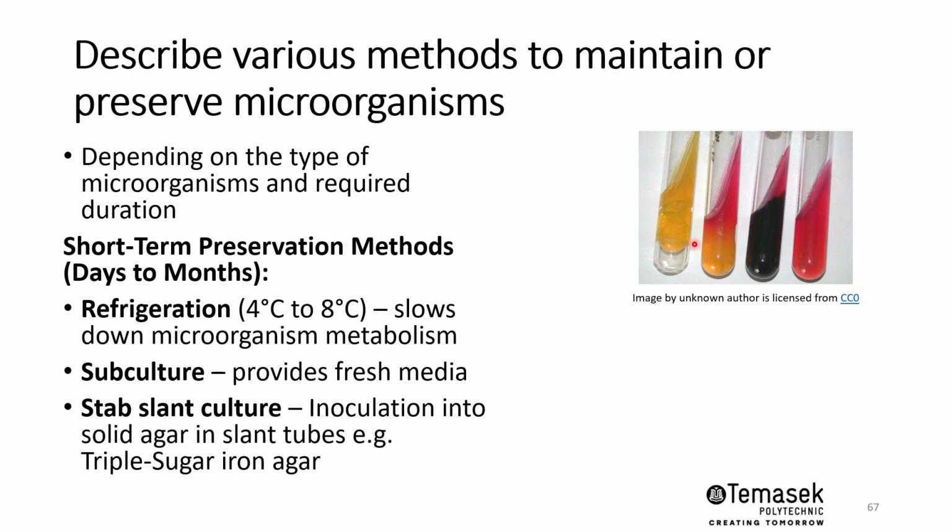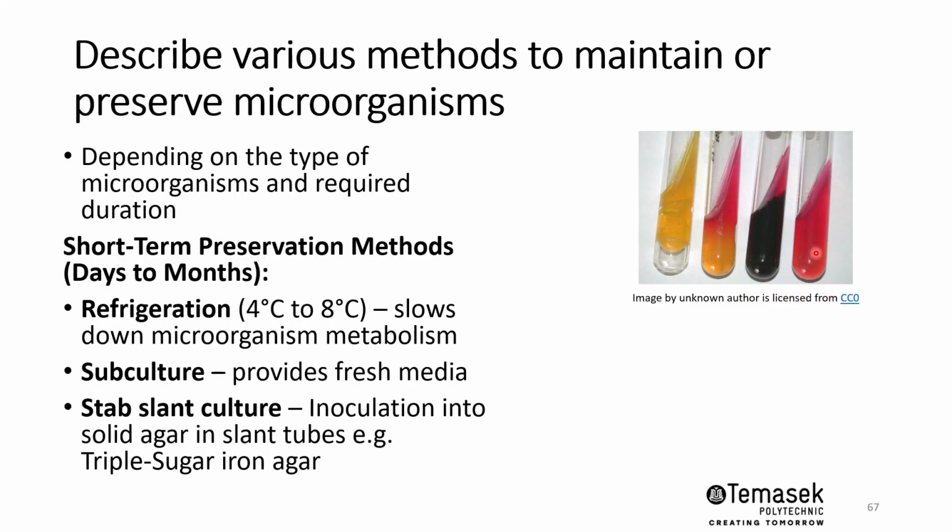The main purpose here is probably not the differentiation of how the different sugars have been fermented to identify microbes, or even to identify gas-producing microbes. But importantly, inoculating them into the solid agar in slant tubes gives you a very good short-term preservation method to retrieve microbial culture in sufficient quantities.